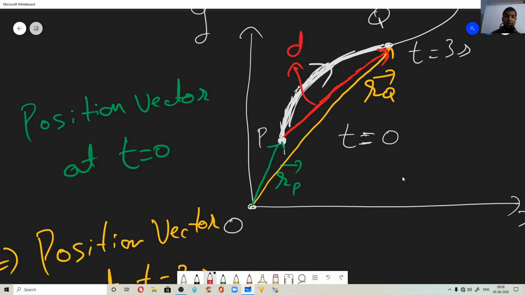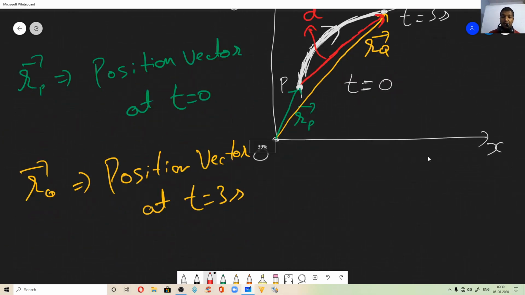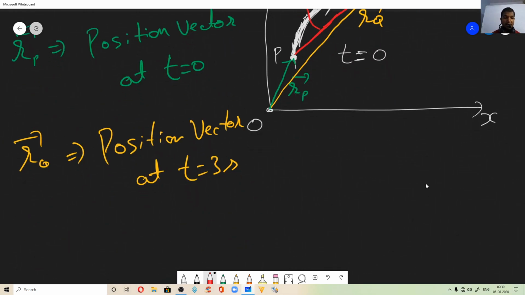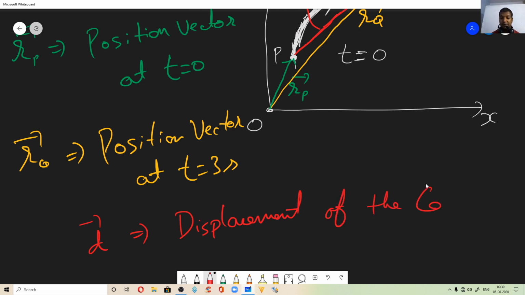You can say D is the displacement, of course it's a vector, the displacement of the toy car from t equals 0 to t equals 3 seconds. In these 3 seconds the displacement of the toy car is like this.